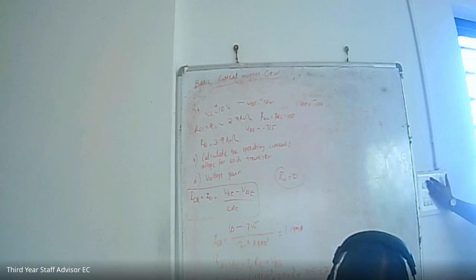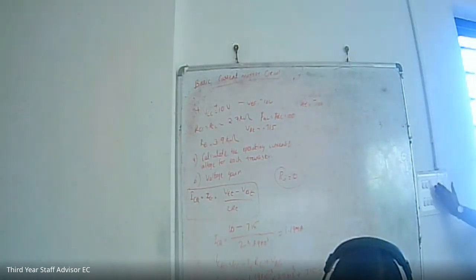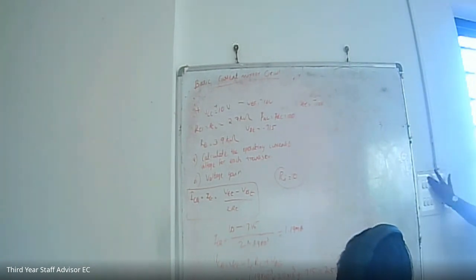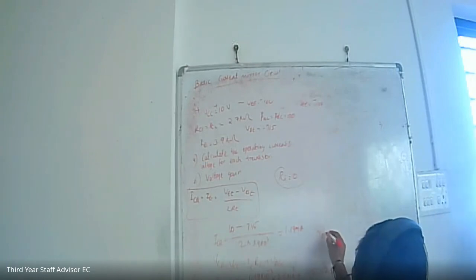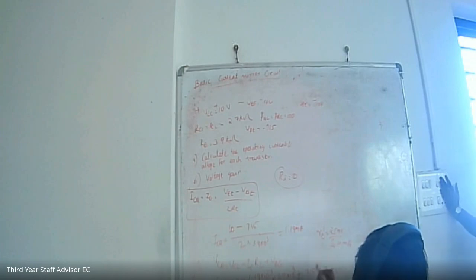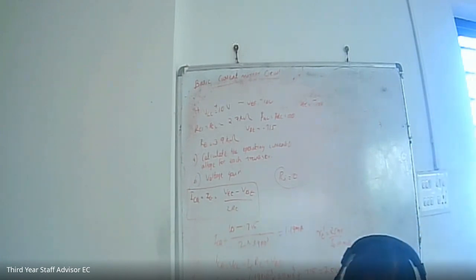You got the equation, RC divided by RE dash. RC equal to 2.7 kilo ohm, that is 2.7 into 10 raised to 3, divided by RE dash. You know that the RE dash equation is 25 millivolt divided by IE in milliampere. What is the value of IE in milliampere?